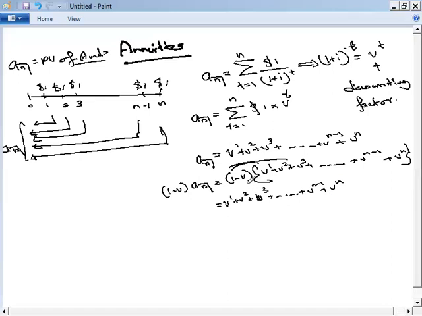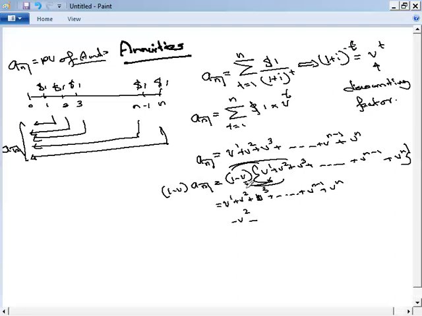Okay, then if we multiply this bracket by this v term, we are getting minus v^1 into v, so it's minus v^2.